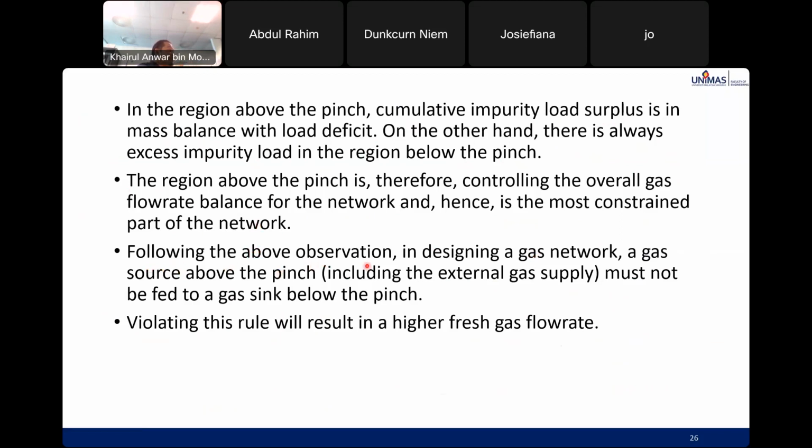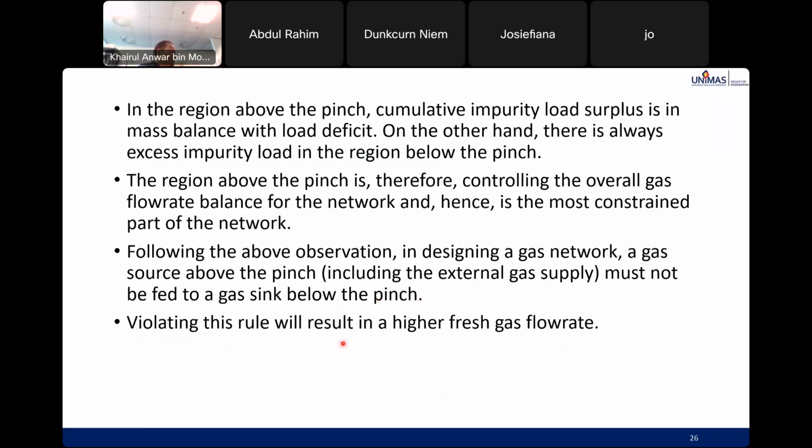Following the observation in designing a gas network, gas sources above the pinch, including the external gas supply, must not be fed to a gas sink below the pinch, of course. External gas supplies here refer to the fresh feed. You don't supply the fresh feed to a gas sink below the pinch, because the concentration is high, you normally just discharge.